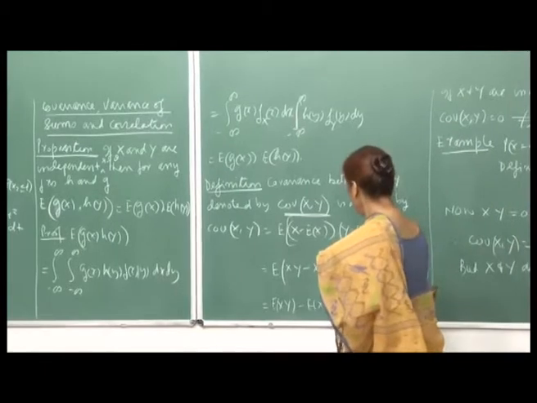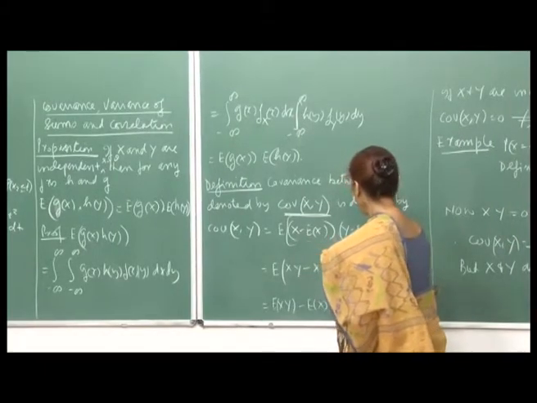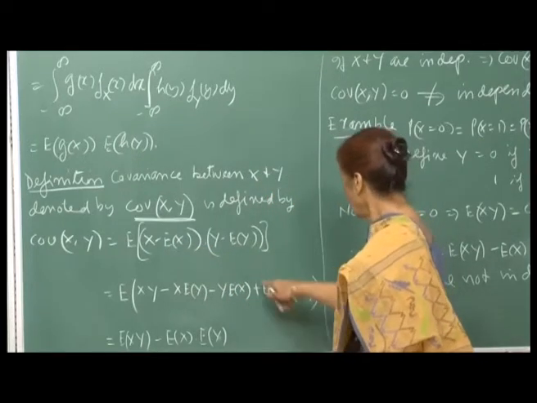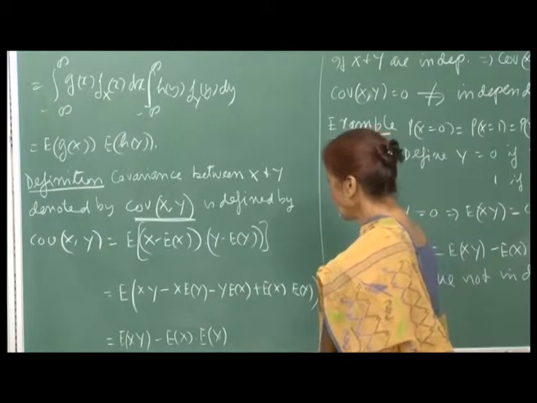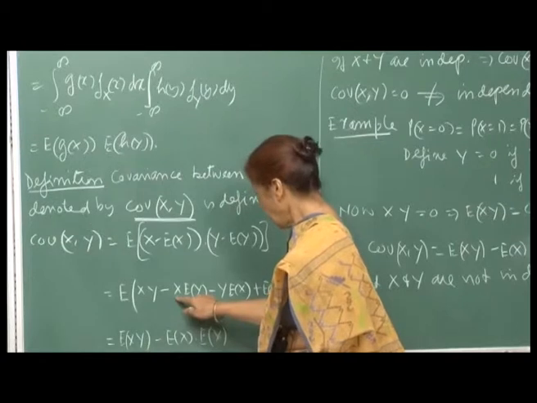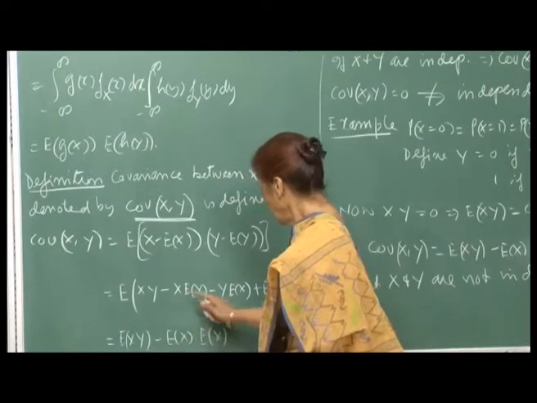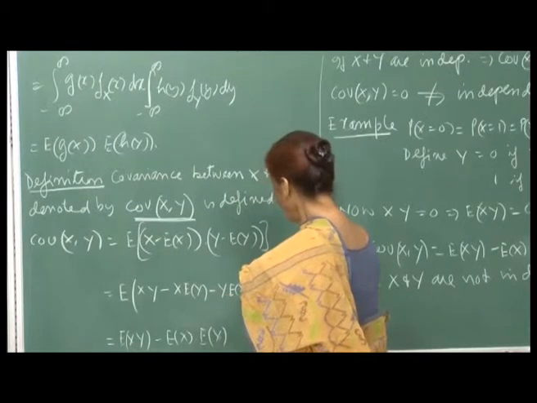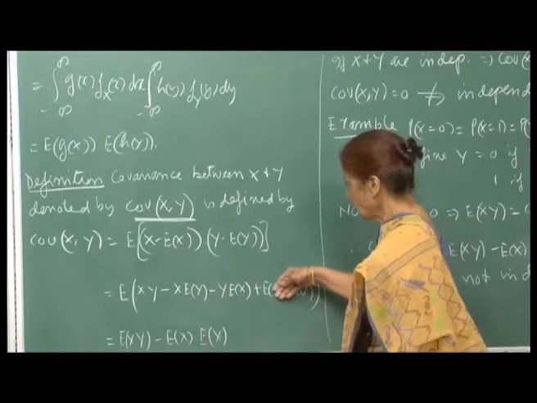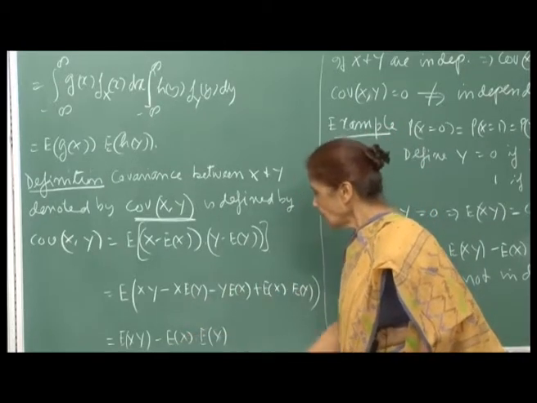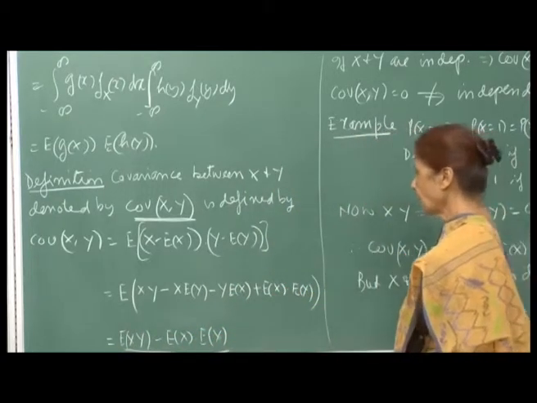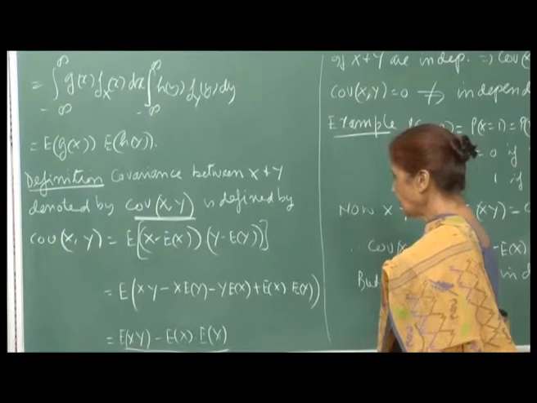If you expand this expression, it will be XY minus X E[Y] minus Y E[X] plus E[X]E[Y]. Now, when I take the expectation inside, it will be E[XY], minus E[X]E[Y], minus E[Y]E[X], plus E[X]E[Y]. Two of these cancel each other out, and this is a simpler expression to handle. So it is E[XY] minus E[X]E[Y].